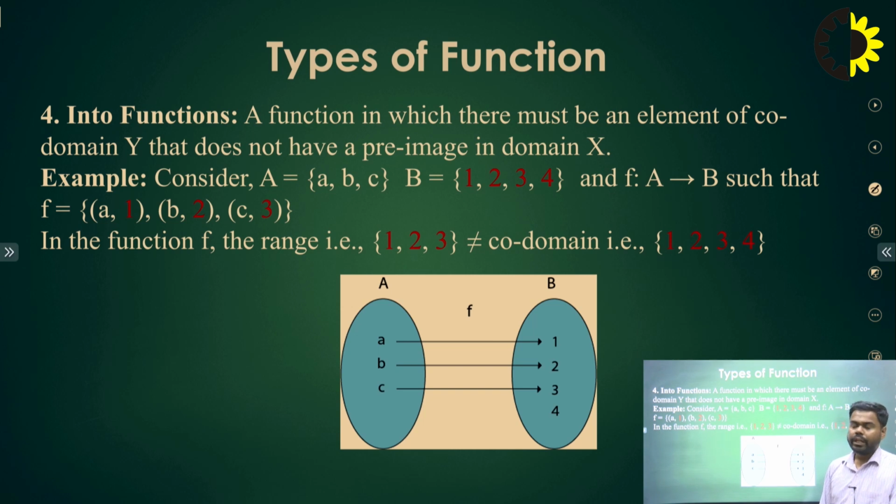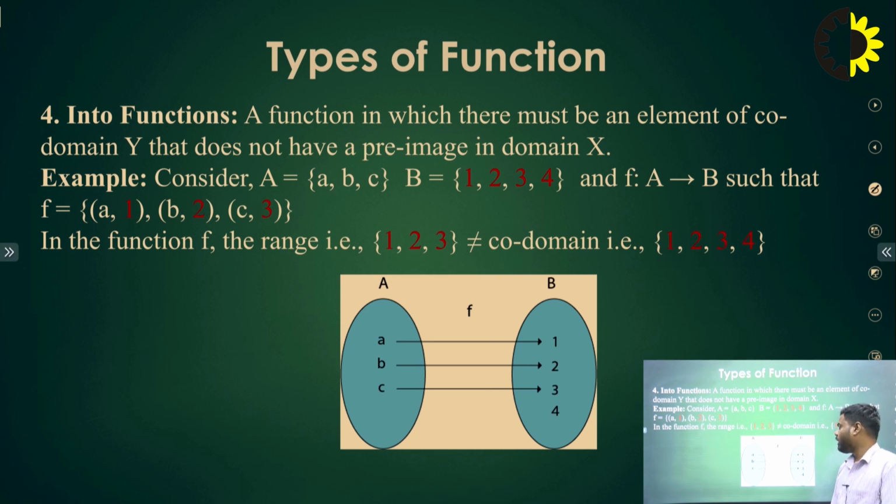Into function. An into function means the range of the function is not equal to the codomain of the function. It means a function in which there must be an element of the codomain that does not have a pre-image in the domain.